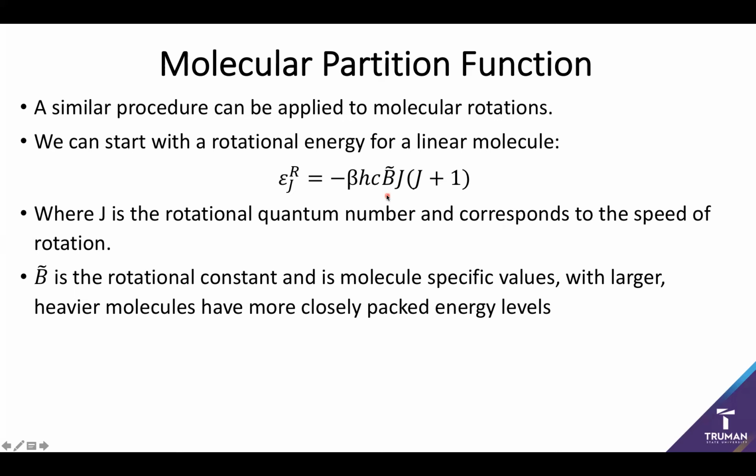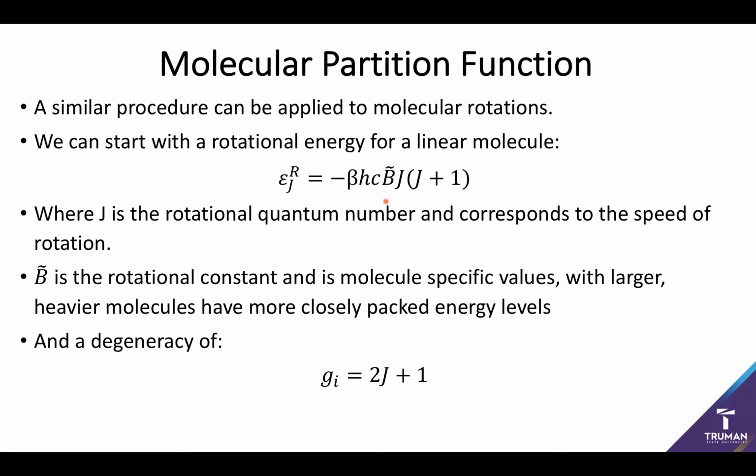But all we really need to know right now is that the rotational constant is going to be defined by the molecule of interest. And in general, a good way to think about it is you're going to tend to have larger values for heavier molecules, which is going to tend to result in much tighter, closely packed energy levels.